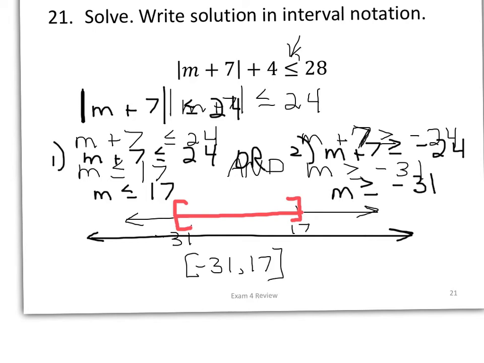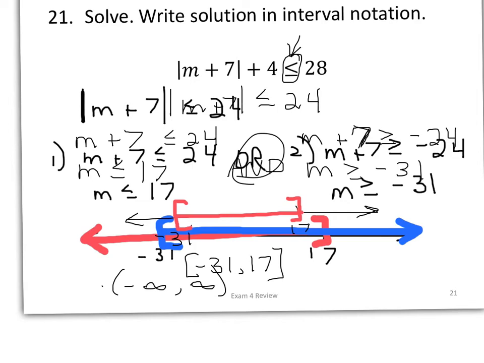So when you have a less than or equal to sign, then you are going to have this kind of situation where it's bounded on both sides. And if you picture this on a number line, let's say that you have the absolute value of x is less than 3.